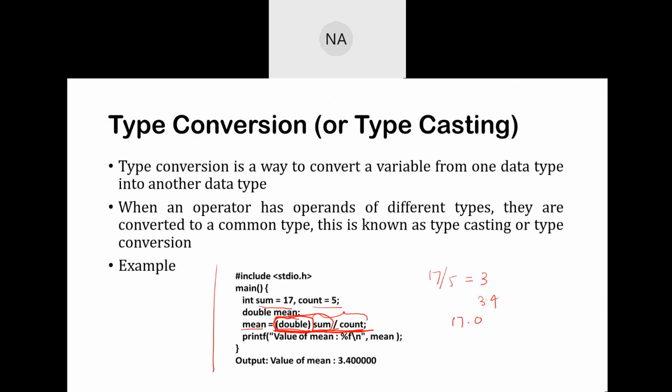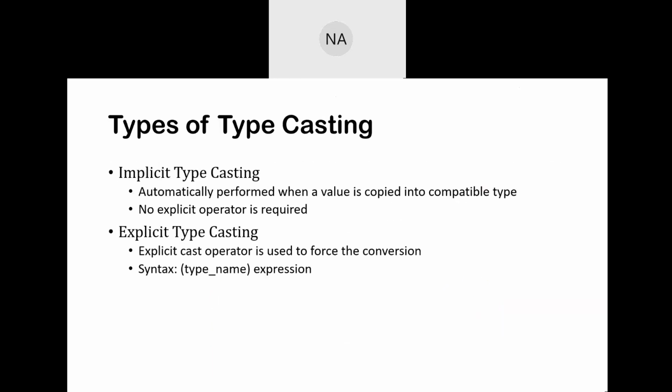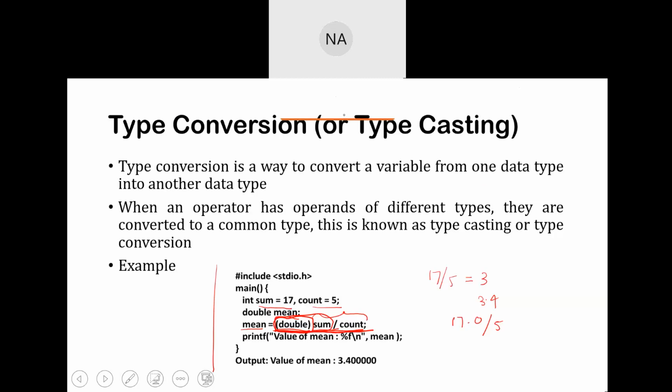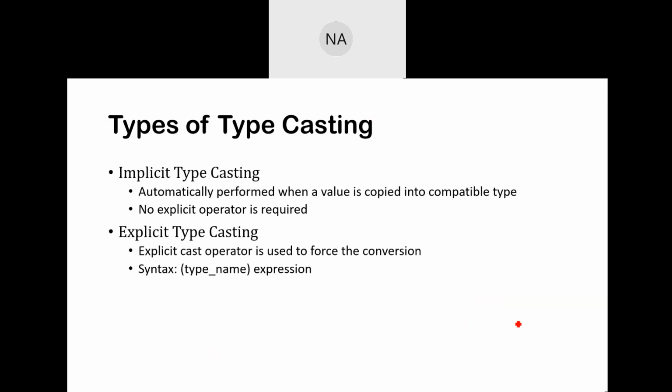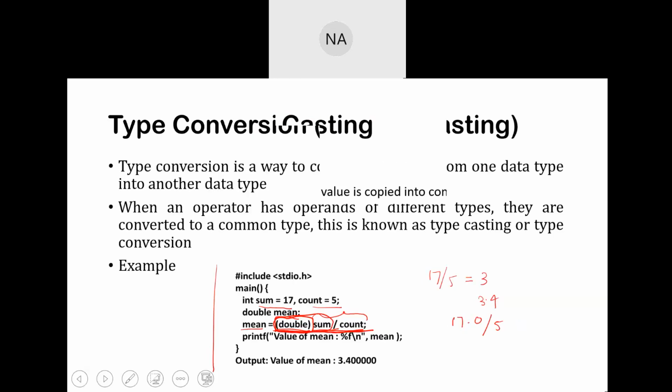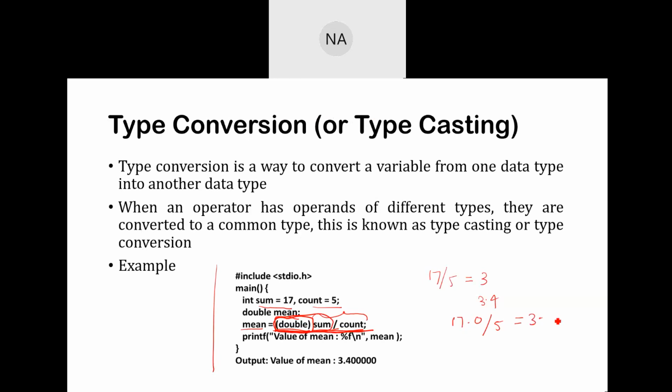Now division will be performed: 17.0 divided by count, whose value is still the integer 5, comes out to be 3.4. If you don't perform typecasting and directly store sum over count in the mean variable, then your output would be 3.0. So in this situation, you may use typecasting.